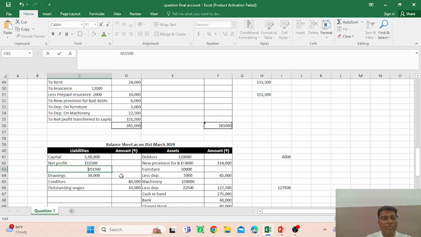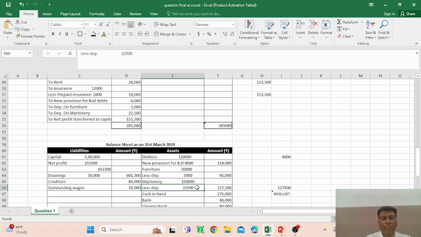And 50,000 you have to subtract, and you will find equal this one minus this one. Then when we solve it, 6 lakh 1,500.